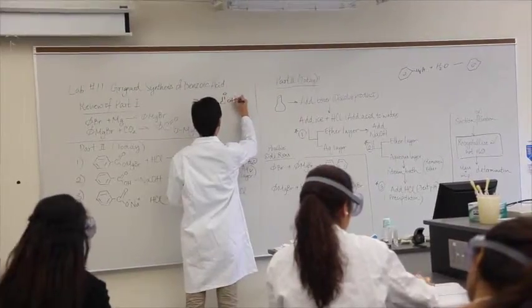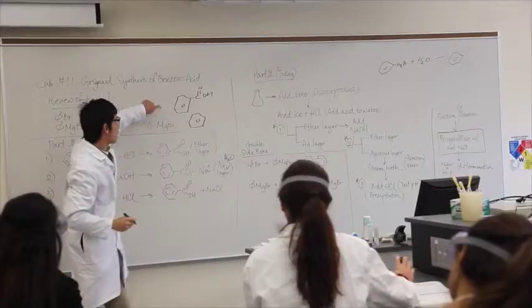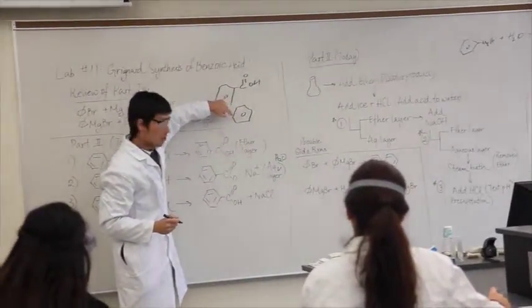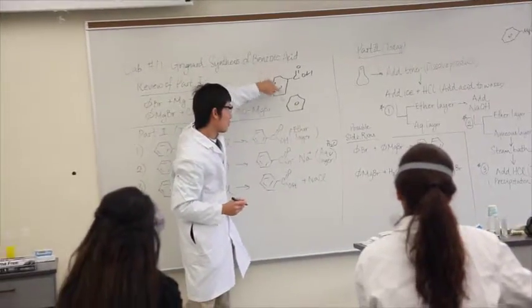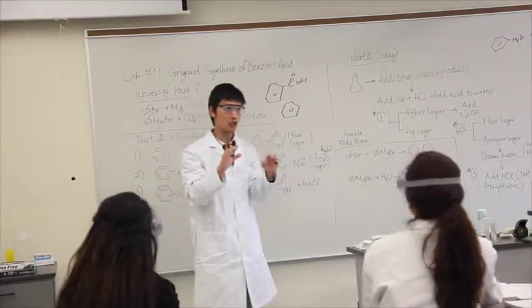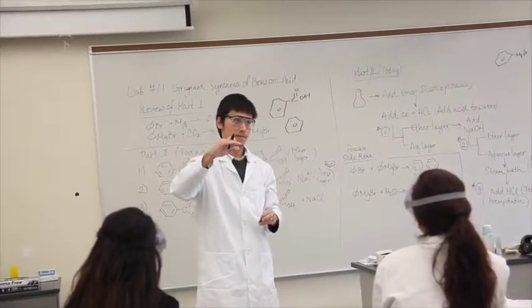So imagine you have right now this guy is a major product, and that one is a standard product. You want to separate the major product from the standard product, and how do you do this? Right now, if you are in acidic conditions, both of them remain in the ether phase, right?